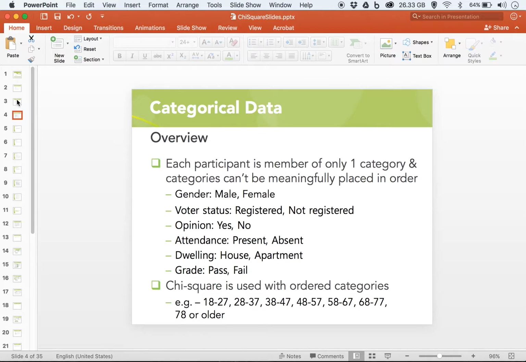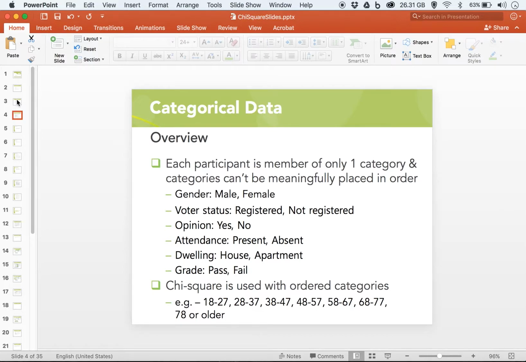It's important to know that each participant can only belong to one category in the matrix, and that the categories can't be meaningfully placed in order. So the types of variables we could use have dichotomous options.